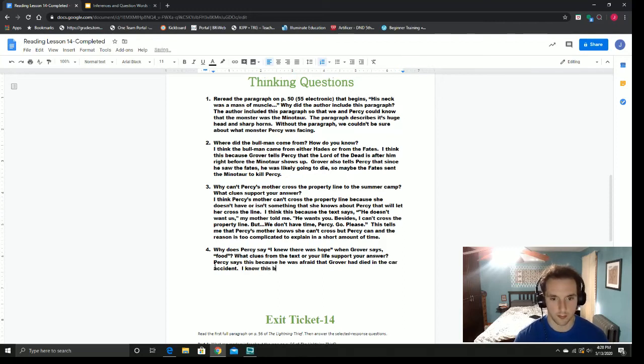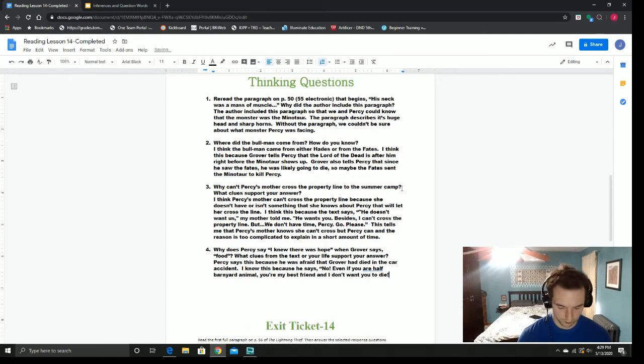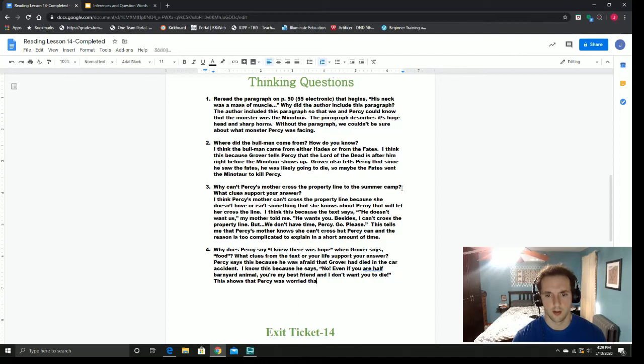I know this because it says, yeah, I just took the evidence right from the text and pasted it on here. This shows that Percy was worried that Grover hadn't survived the accident, but when Grover spoke, Percy knew he was alive.